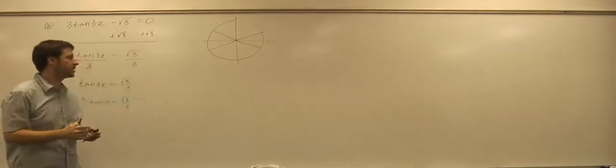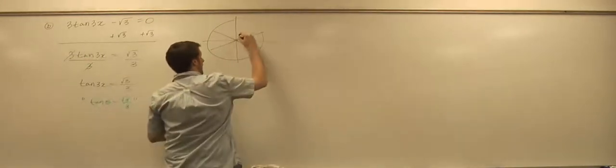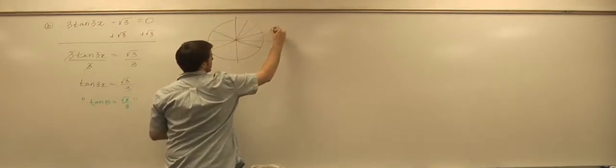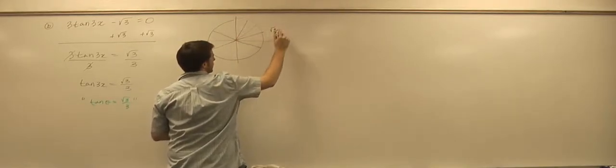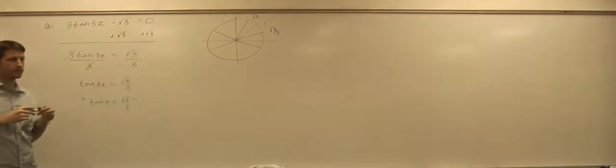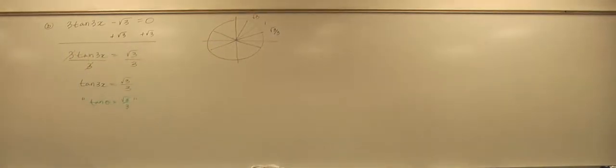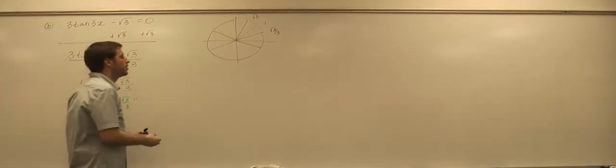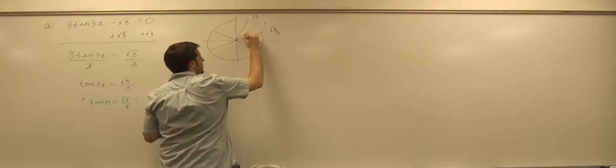Do you remember where tangent's equal to root 3 over 3? Pi over 6. Yeah, those tangent values go like this: root 3 over 3, 1, root 3. So tangent is going to be equal to root 3 over 3 at pi over 6.